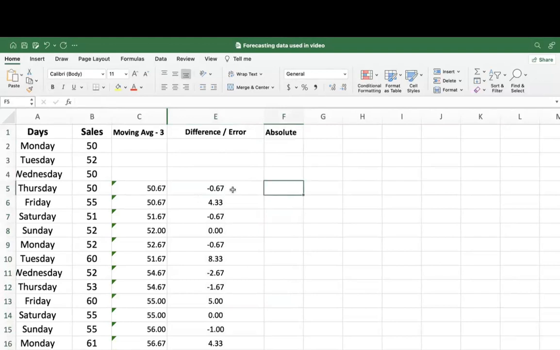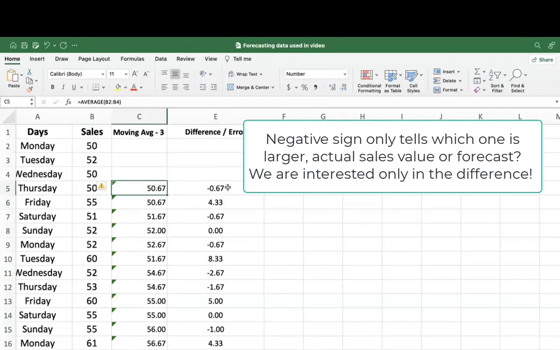As you can see here, this is negative 0.67, and this is negative because 50 minus 50.67, 50 is smaller and 50.67 is larger, so 50 minus 50.67 is negative 0.67. Now, I don't want this negative sign. I am only interested in 0.67, but not in the negative, because negative is telling you the direction. It is telling that forecast is greater than actual sales.